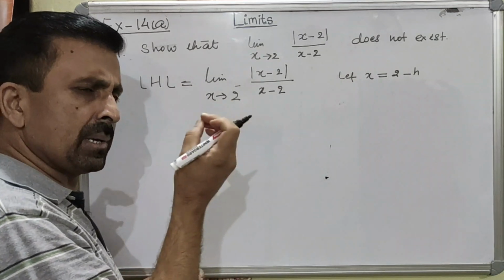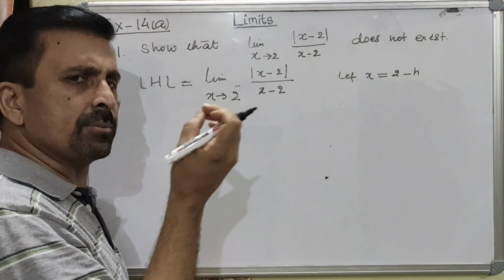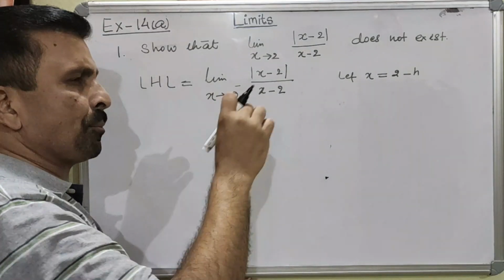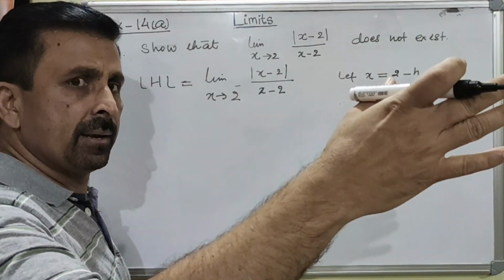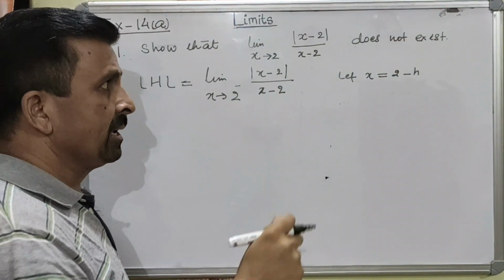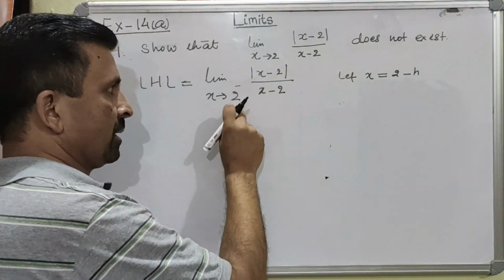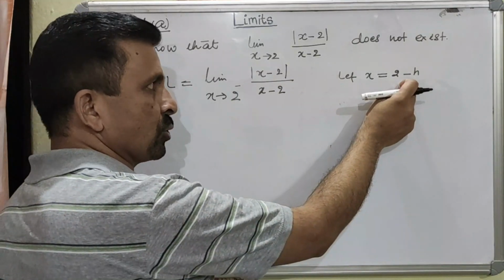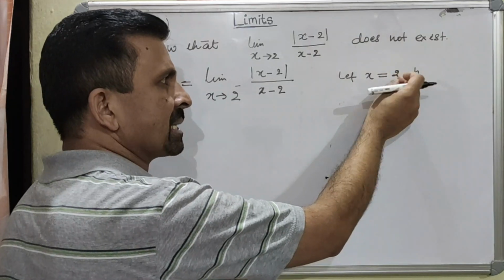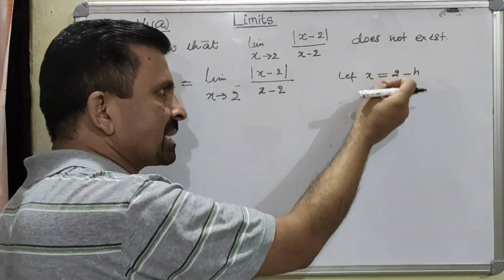It is, by a very small quantity, less than 2. Maybe x is 1.999999, but not exactly 2. So this is what we have tried to show here. The physical meaning of this is that x is not exactly 2. X is a very small quantity less than 2.